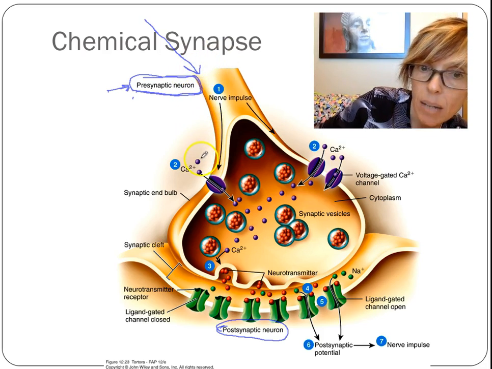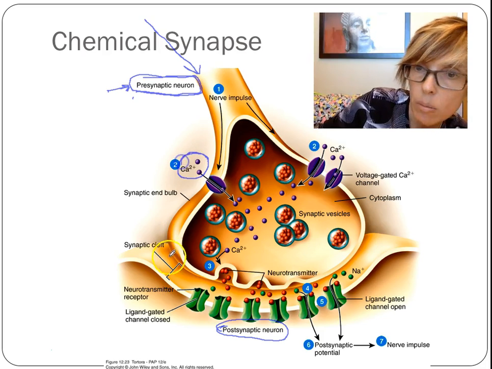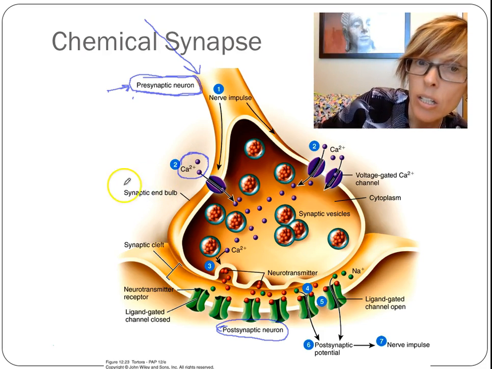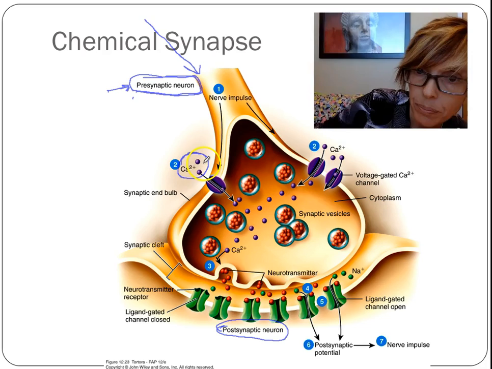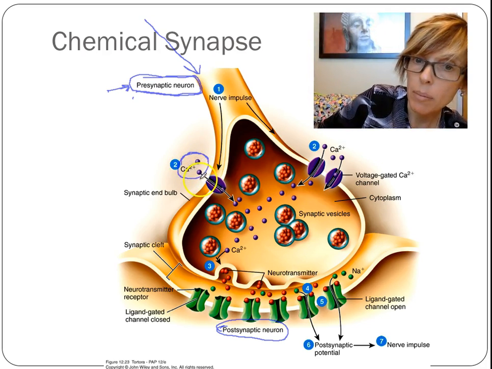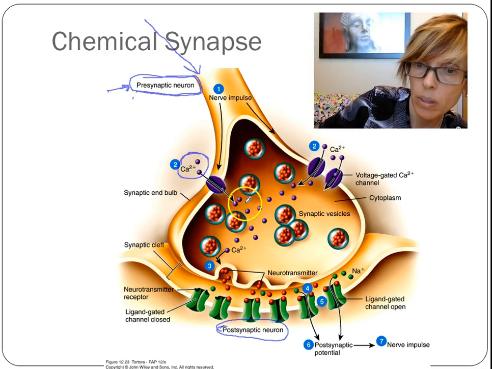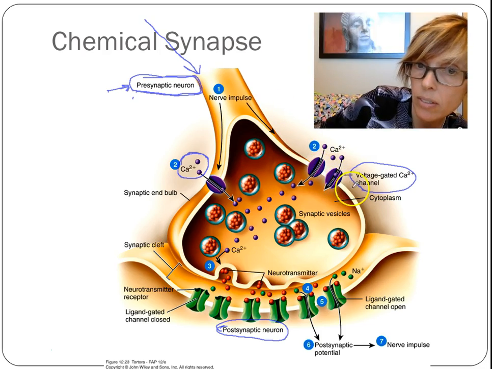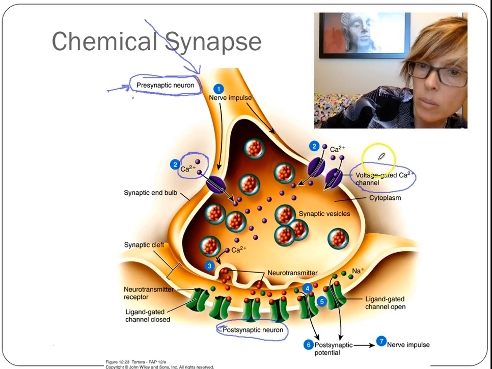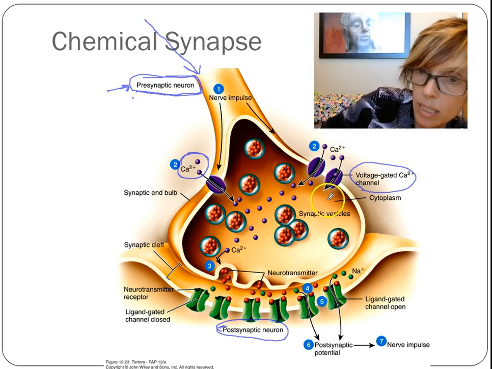When we get down to the synaptic end bulb, the depolarization is going to cause calcium channels to open. So calcium is going to come into the cell as you see in this image. Again, these are voltage-gated calcium channels. As that membrane potential changes, as this nerve impulse comes down the length of the synaptic end bulb, it causes these calcium channels to open. Calcium comes into the cell.